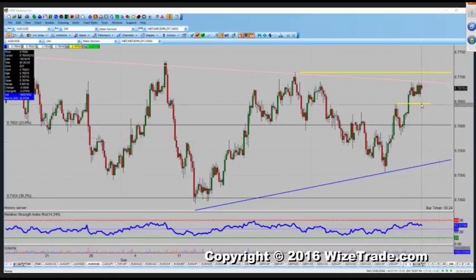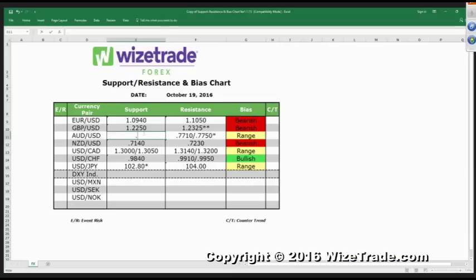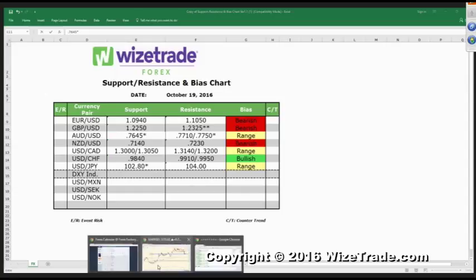You know what I mean? So we'll call that 76.45. I'm going to put an asterisk there because I think while we're above 76.45, anybody who's long is not going to pull out of their trade. Okay? All right, let's go over to the dollar index.